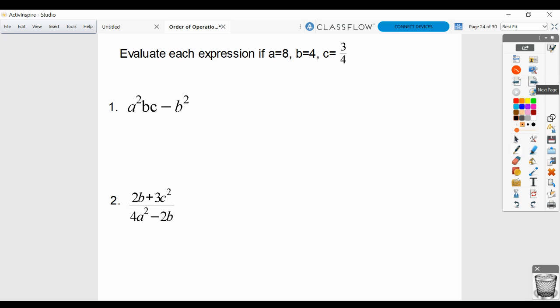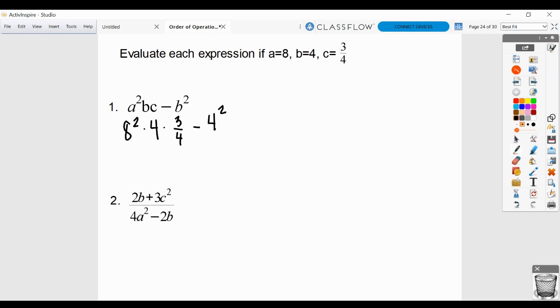Okay, the last couple I have, these next two, we have a equals 8, b equals 4, and c is 3/4. Just because there is a fraction, don't think that you can't do it. So we have 8 squared times 4 times 3/4 minus 4 squared.